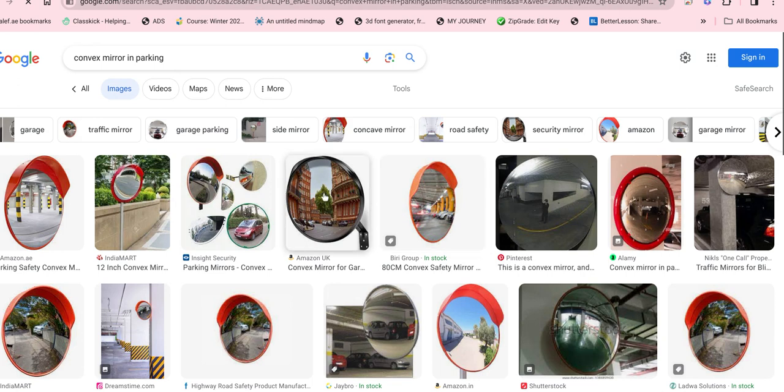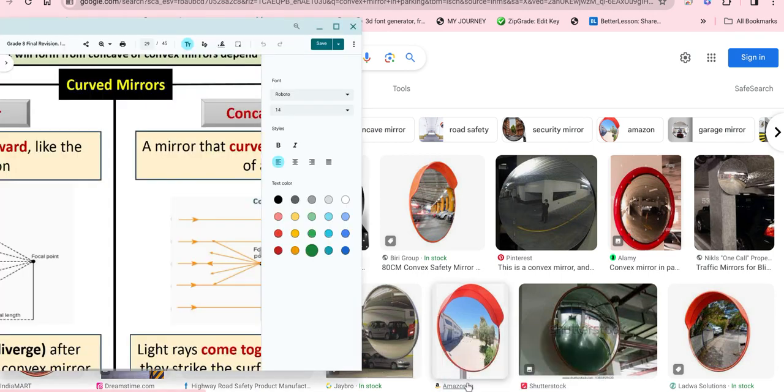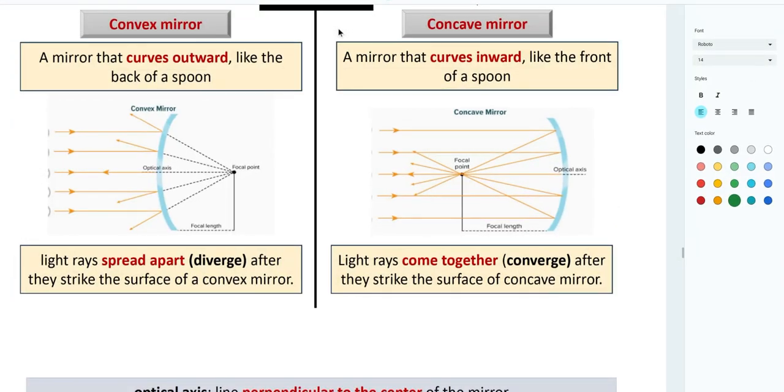So these are often in the corners of parking lots or alleyways. I see them all the time while I'm driving around here in the UAE, so that we can see what's around the corner. The mirrors that are side view mirrors are also convex mirrors.